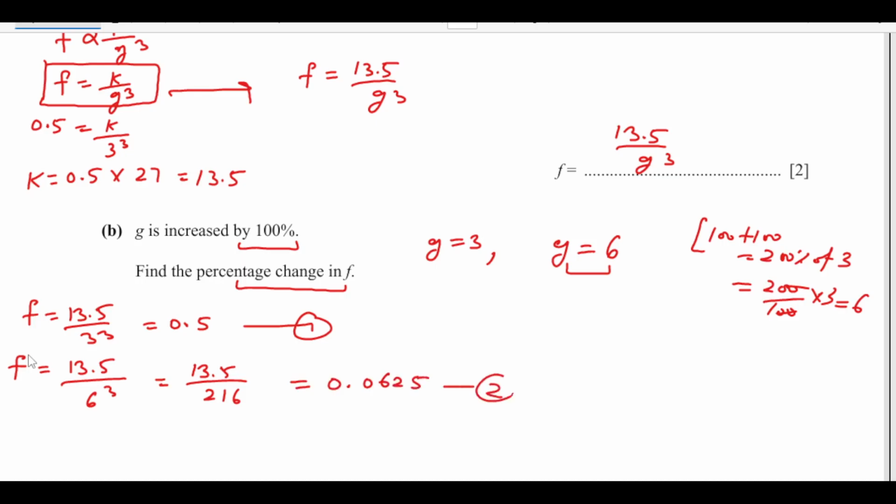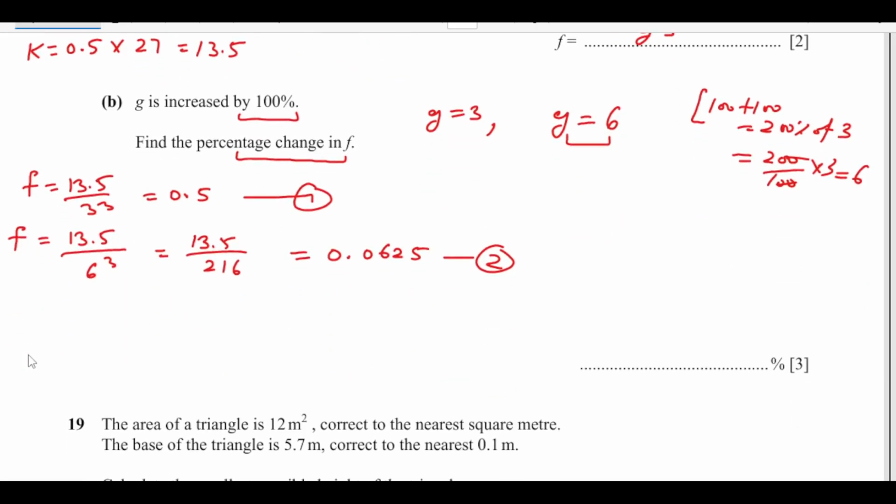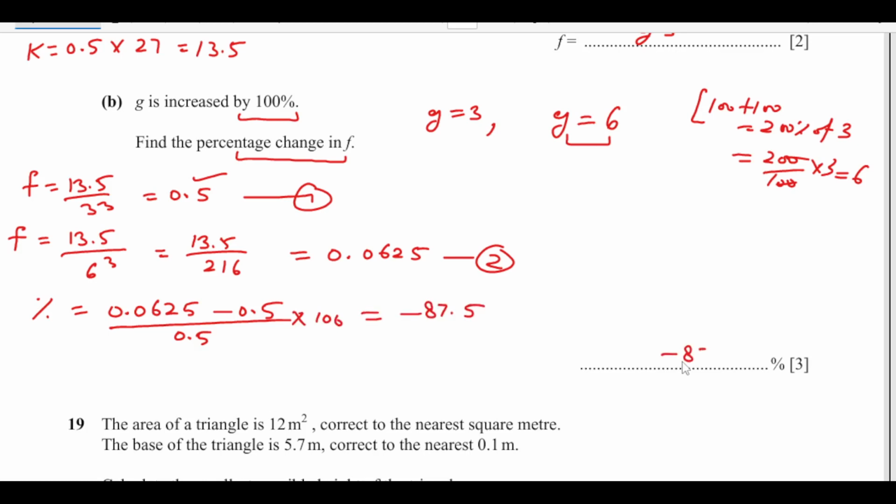So this is after the change, and we are looking for the percentage change. So the percentage change is going to be 0.0625 minus 0.5 over the starting value, 0.5, the original one, and then times 100. So when you calculate, this is negative 87.5, negative 87.5, right?